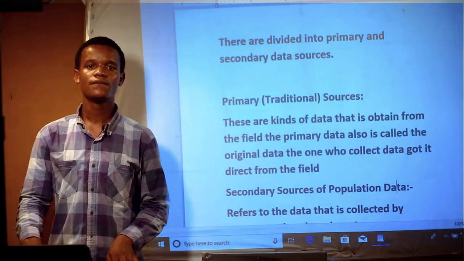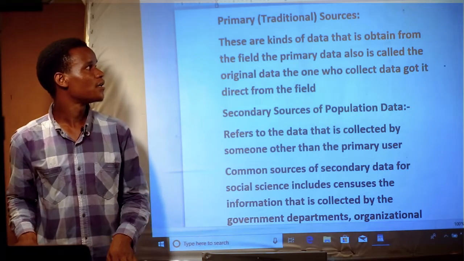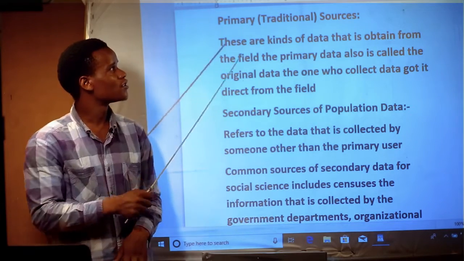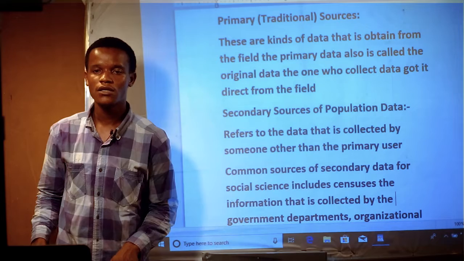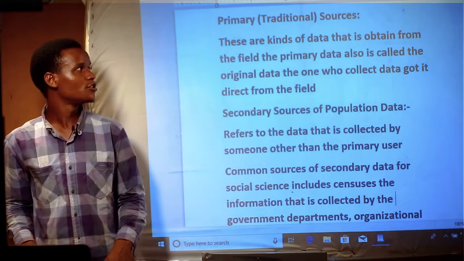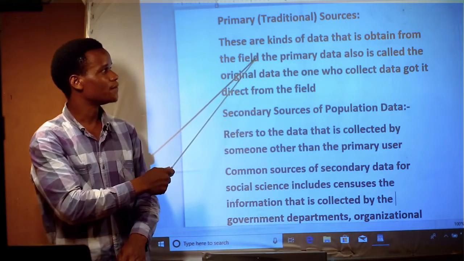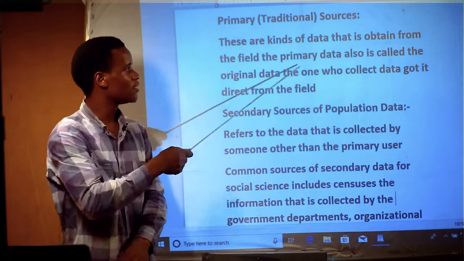Okay, let's now see what primary data is. Primary data, in other words, you can call it traditional sources. This is the kind of data that is obtained from the field. The primary data is also called original data.